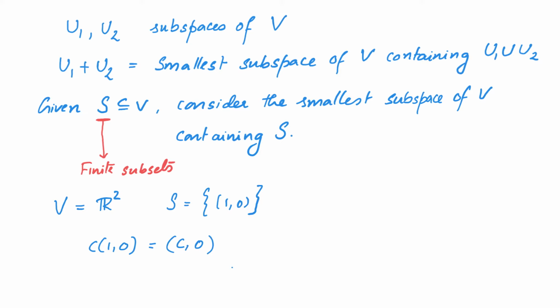In other words, the smallest subspace contains all elements of the form (c, 0) such that c is a real number. Now the question is, is this a vector subspace? And we already know that yes, this is an example of a vector subspace. Therefore, the smallest subspace that contains S is equal to the set of all (c, 0) such that c belongs to R.